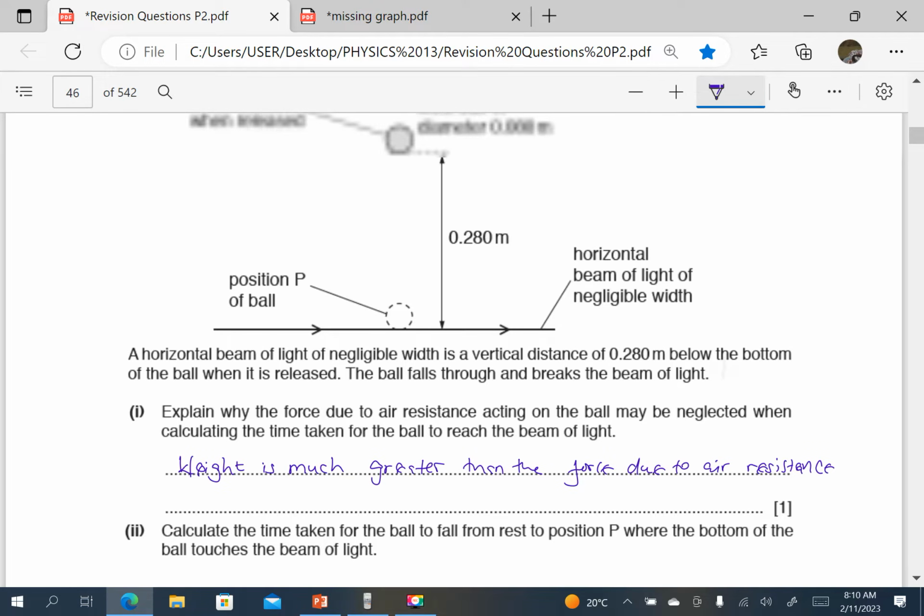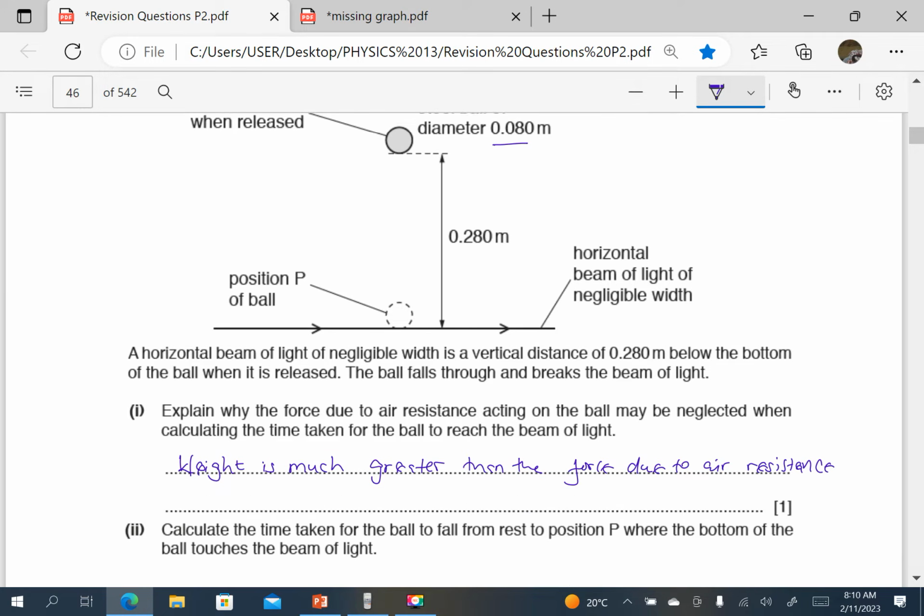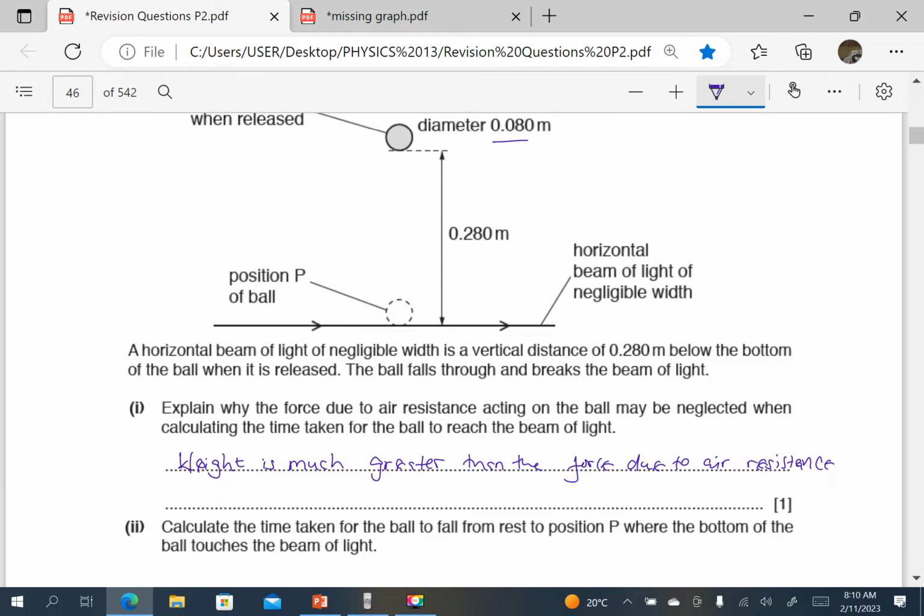Why do we say this? It has a very small diameter, meaning the surface area on which the force due to air resistance acts is very small. Therefore, the force due to air resistance is negligible compared to the weight. The weight is much greater than the force due to air resistance. Hence, the force due to air resistance is negligible.